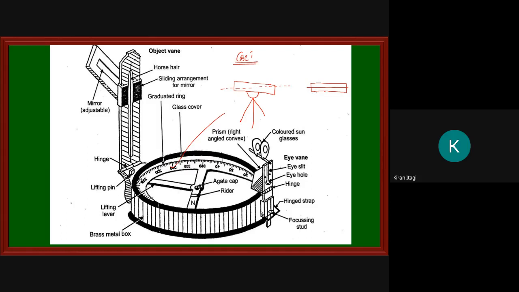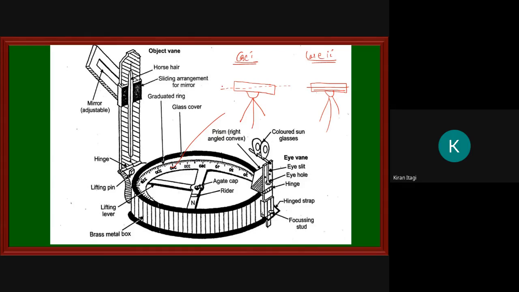And this is case 2. When your compass is perfectly horizontal, this graduated scale will not touch the bottom of the compass or the bottom of the box. It will be freely suspended.